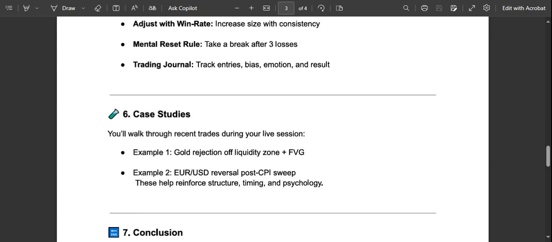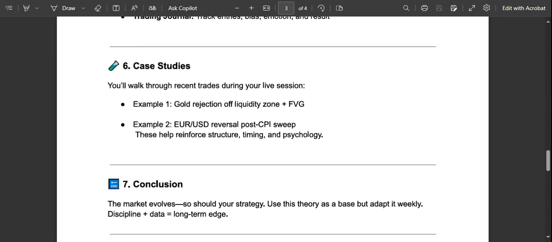We are going to do one example on gold, then later another example on Euro USD, so that we can see how we have a post sweep, CPI sweep, and that is today. We have CPI news coming out today, so we need to prepare for that. And also, we are going to use this strategy in analyzing most of our trades.